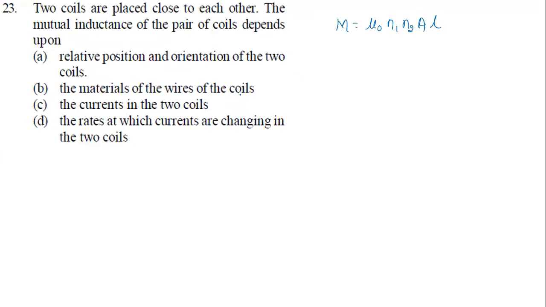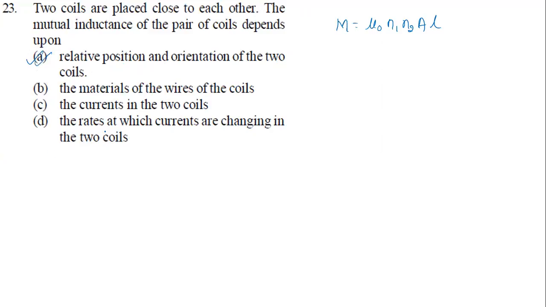Look at the relative position and orientation of the two coils. The first option is given to us: relative position and orientation. Of course, it depends on relative position and orientation, how far they are, how close they are, like that. So it is the right answer.